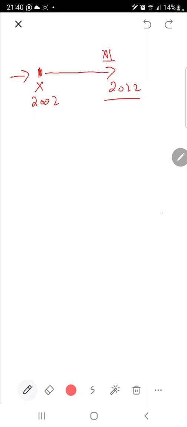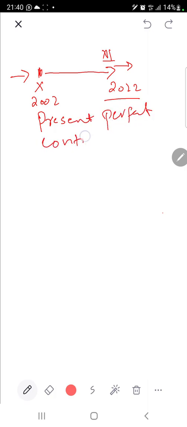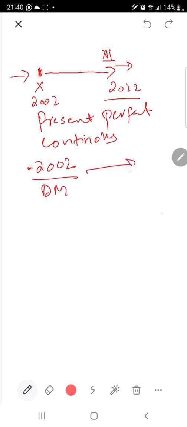But as you can see, there are events that may have started in the past, like 2002, and still continue in 2022. It's not finished, it still continues. So we need to see that it's basically your present perfect continuous tense. For example, the patient was diagnosed with diabetes in 2002 and is still suffering from that.